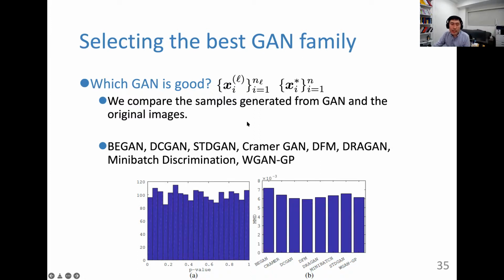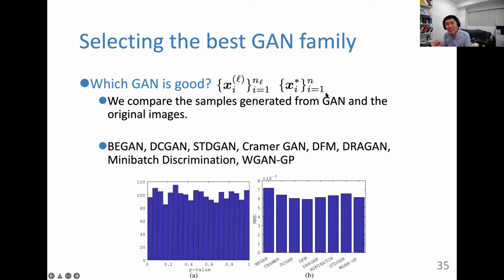I did this experiment in 2018. At that point there were several GANs, but it seems that none of them was that good. In the end, all the methods were rejected, so none of the GANs was the same as the original images at that point.